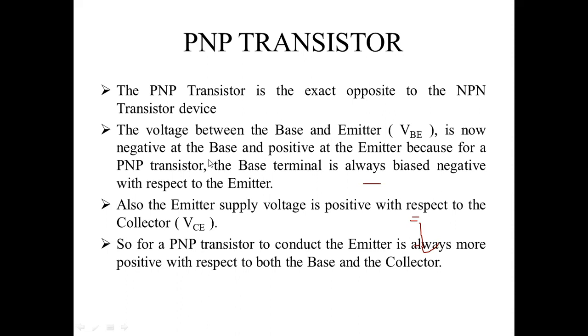An N-type semiconductor is there at the base, so we have to give a negative supply at the base with respect to the emitter, because for a PNP transistor the base terminal is always forward biased. Also, the emitter supply voltage is positive with respect to the collector, that is VCE, emitter to collector.